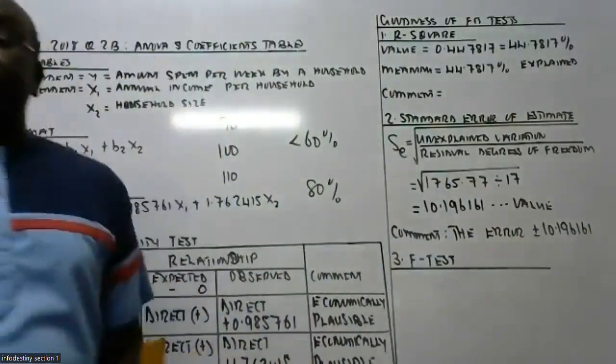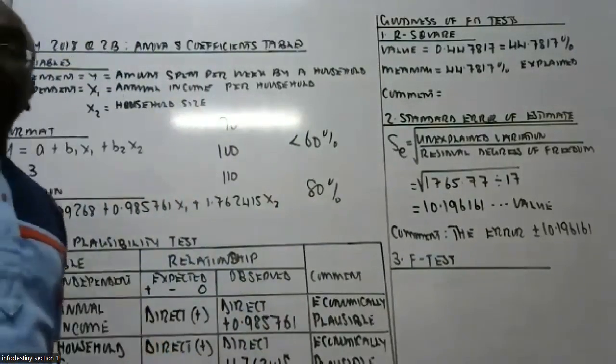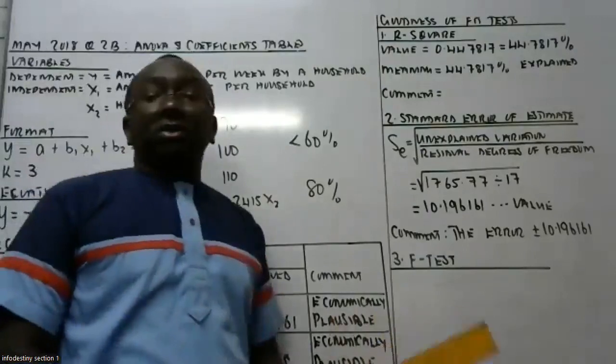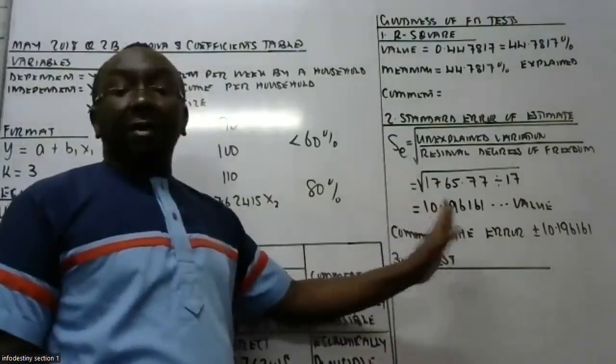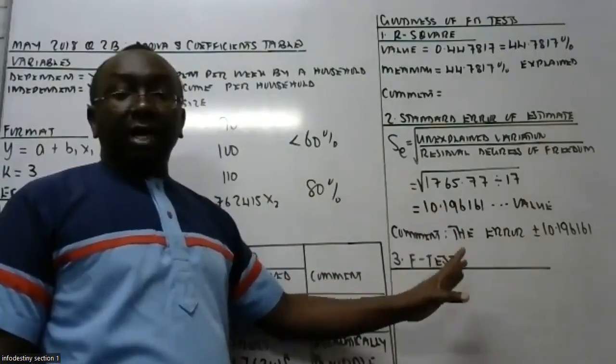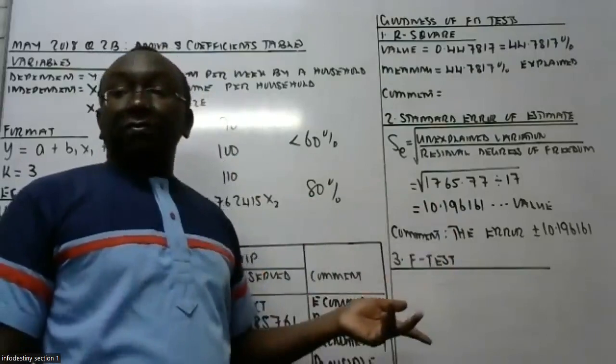It shows us, maybe I needed to mention something else here. We normally say, the smaller the error, the better the equation. But here, we are not able to say which one is smaller because we don't have another equation.